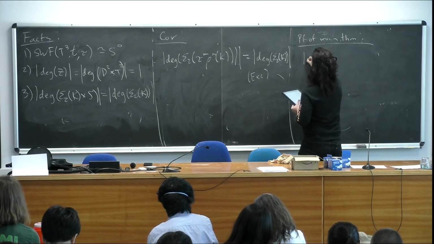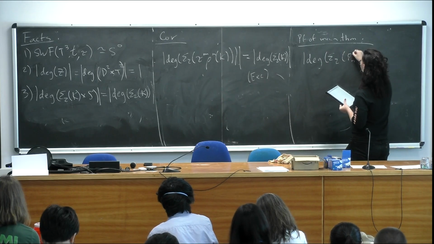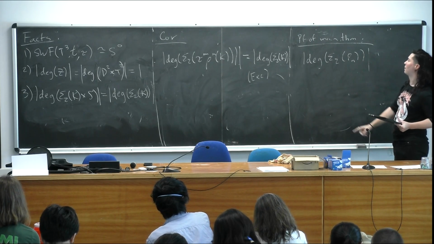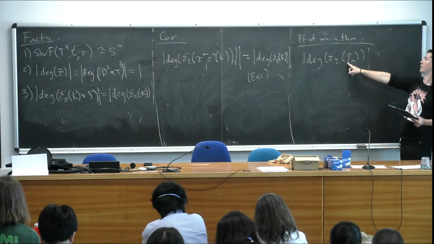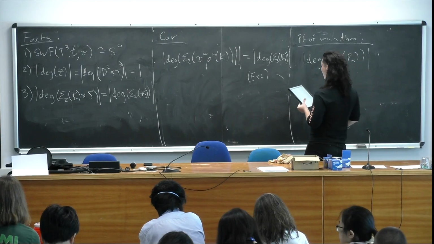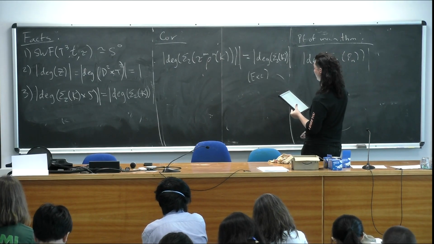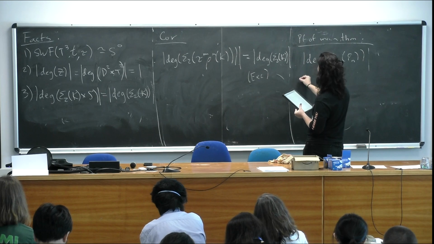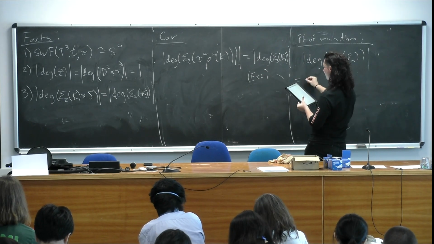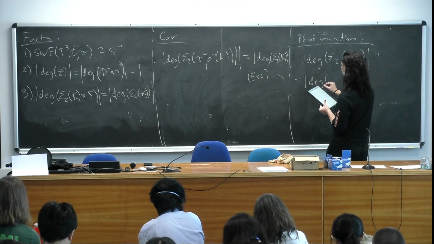I'm sorry for going over time, but I promise I'm almost done. So P_n was that family of knots I wrote before. It's P plus connected sum n copies of the 2-knot I wrote on the board before. And by this corollary, this is equal to the degree invariant of what?